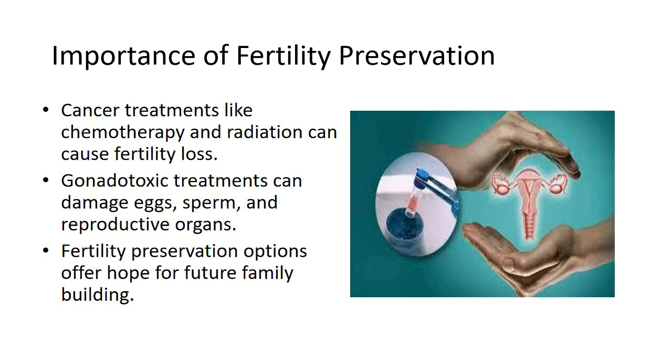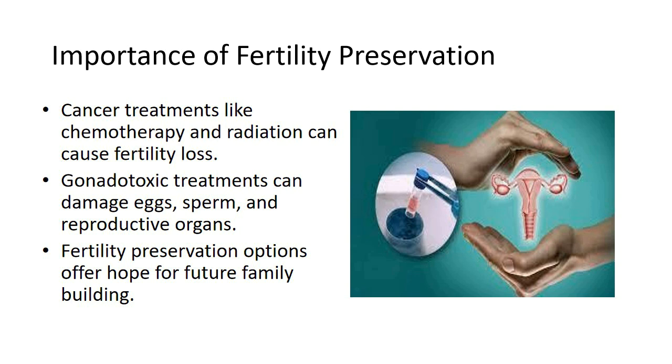For women, chemotherapy can cause ovarian failure, premature menopause, or damage to the eggs, oocytes, while for men, chemotherapy and radiation can decrease sperm count, motility, and viability. The risk of fertility loss depends on several factors, including the type and dose of treatment, the patient's age, and the stage of their reproductive health at the time of treatment.